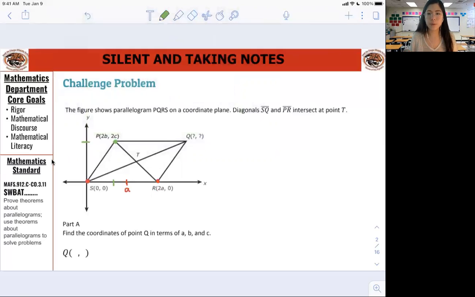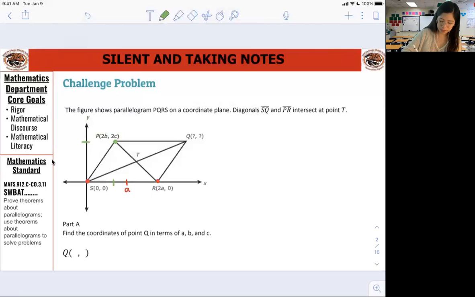On the y-axis, what is that? Based on the coordinate point, what would I write on the y-axis? We don't know what number it's at, but look at the coordinate point for P.